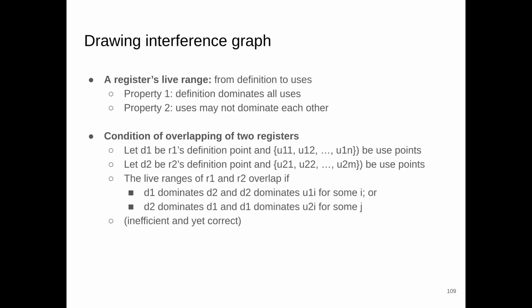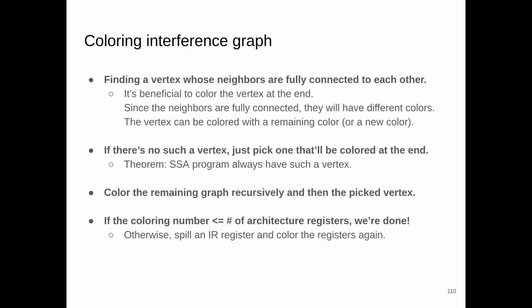So that is so far about the interference graph, and let's move on to the next key concept, which is coloring the interference graph. Basically, you need to give colors to each vertex inside the interference graph.